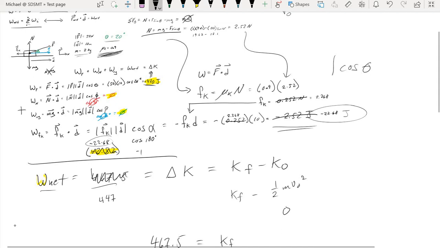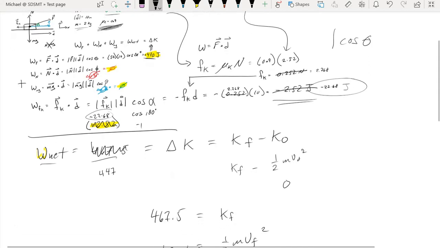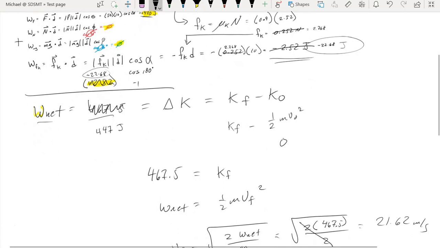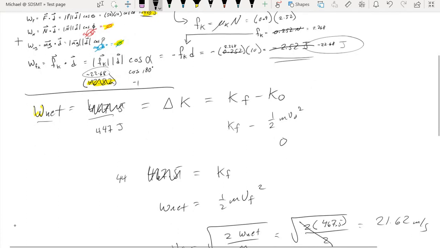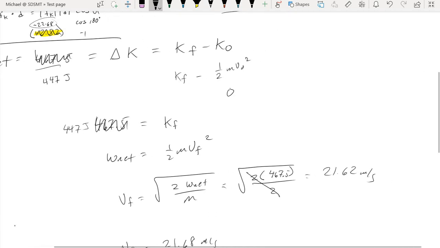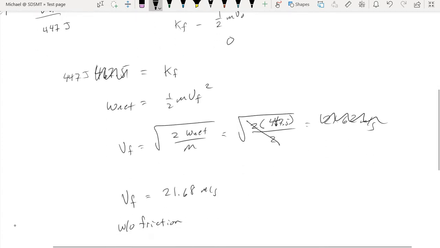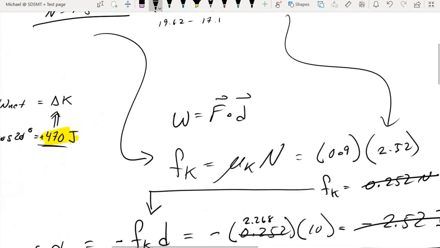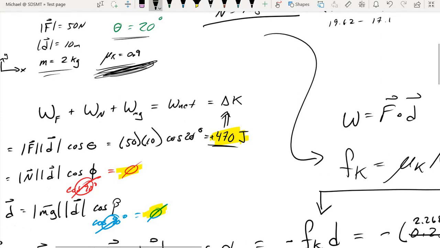We've brought that into the sum of all the work. And so now if I only have 447 joules worth of work done, that would result in a final velocity of 21.1. So still not much of a change, even though we increased the friction coefficient by a factor of 9.